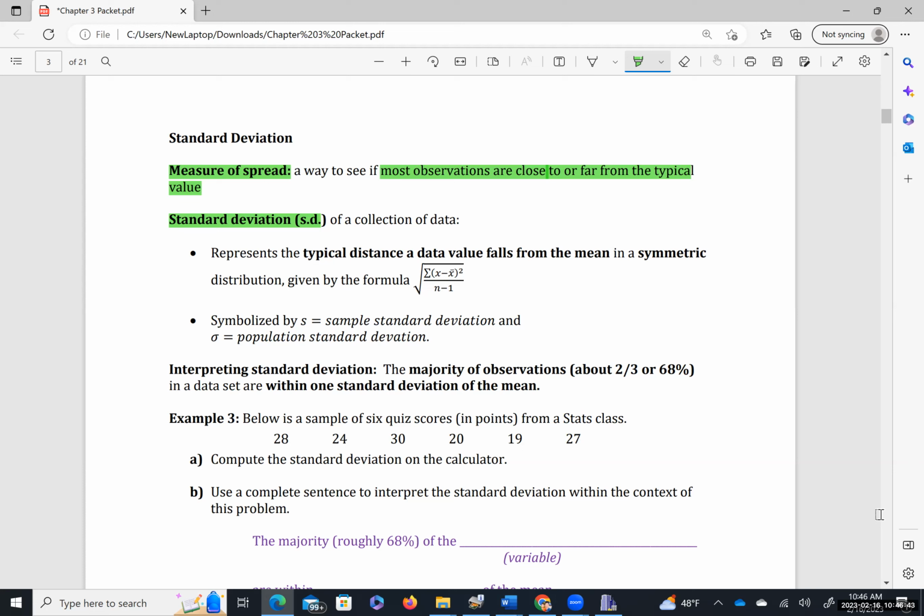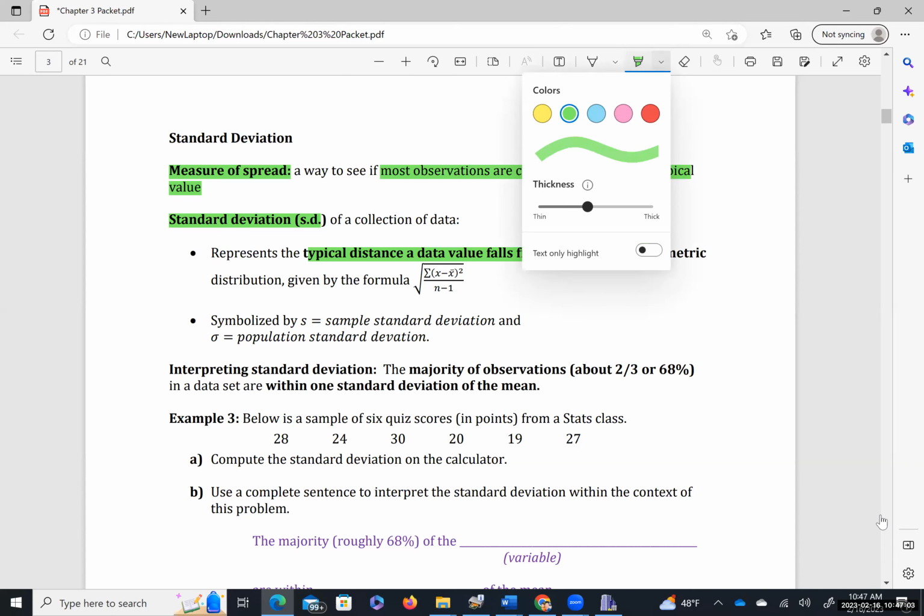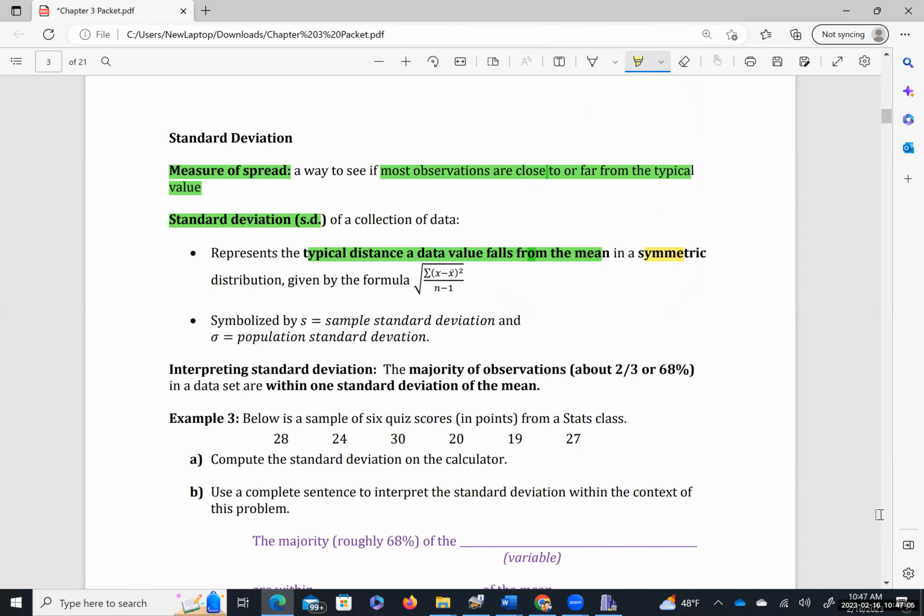The standard deviation of a collection of data can represent the typical distance of data values from the mean in a symmetric distribution. Okay, in a symmetric distribution.